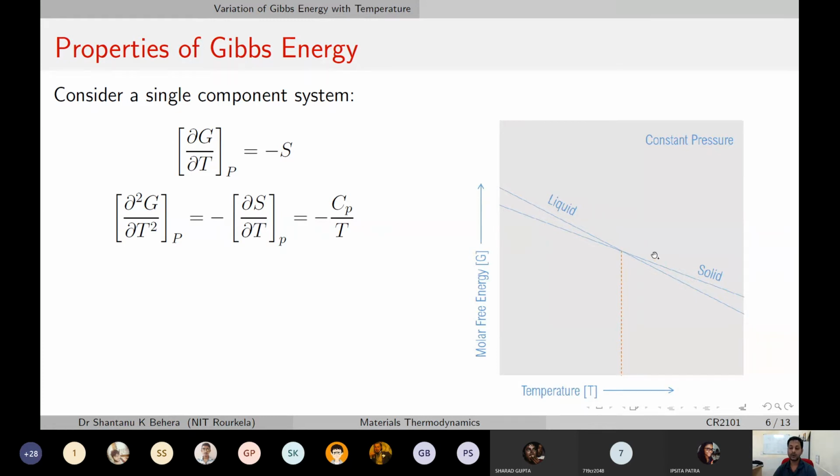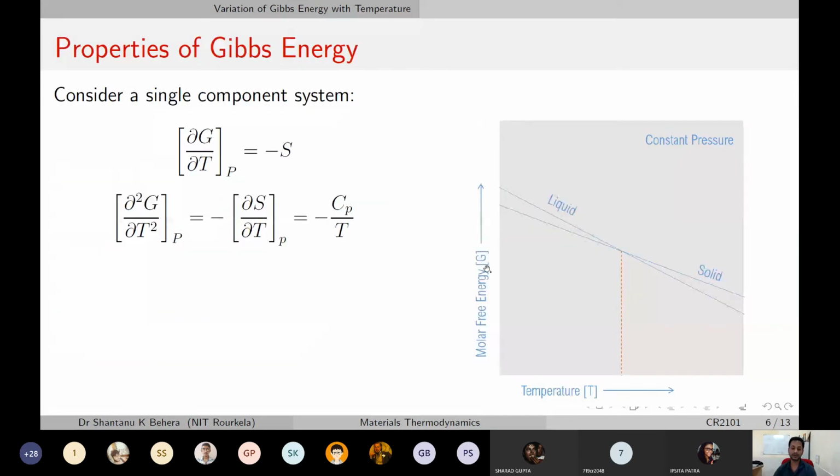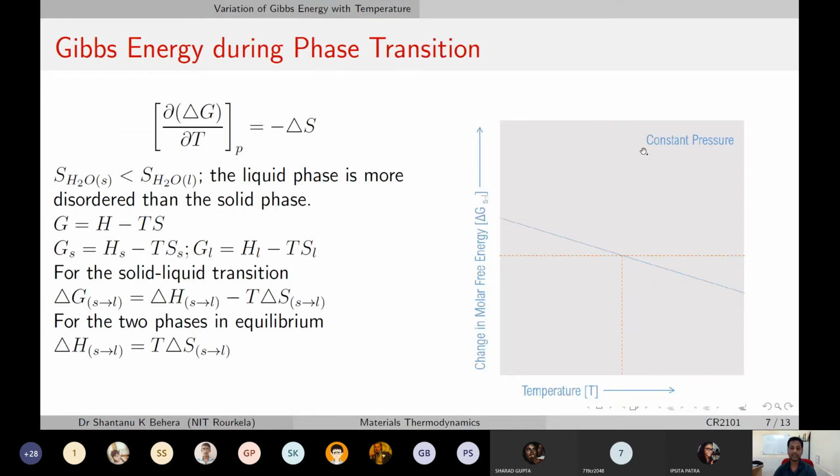But as you go to higher temperature, this minus this is a negative quantity, this minus this is a more negative quantity, and this minus this is even more negative, up to the point here which is largely negative. That's what is predicted when, instead of the molar free energy versus temperature, we plot at constant pressure the change in molar free energy versus temperature, for the solid to liquid transition.